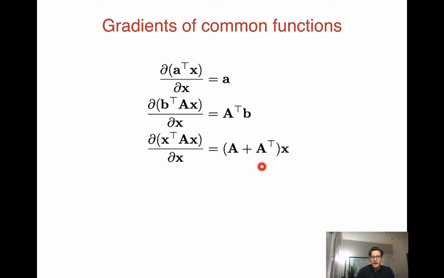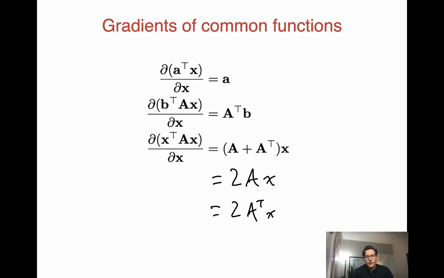So A plus A transpose, if A is symmetric, these two things are the same thing. So it's just 2AX, or equivalently 2A transpose X. Again, A is symmetric, so taking its transpose doesn't matter.